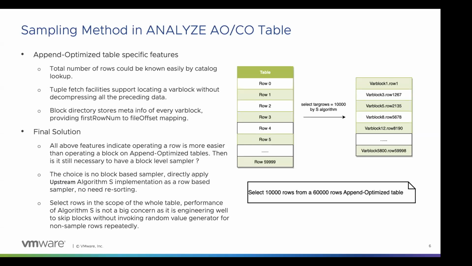But for now, because we don't store the tuple TID in the memory tuple, we don't have a way to sort based on that. So currently it's maybe not necessary to have a block-level sampler. The choice is no block-based sampler, and just directly use the Greenplum7 implementation as a row-based sampler, with no need for resorting.